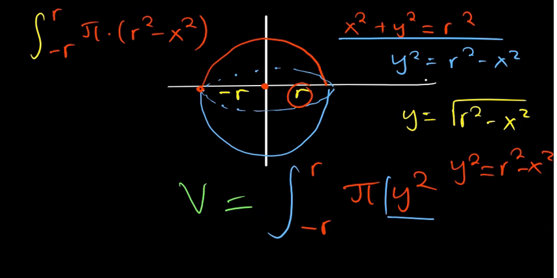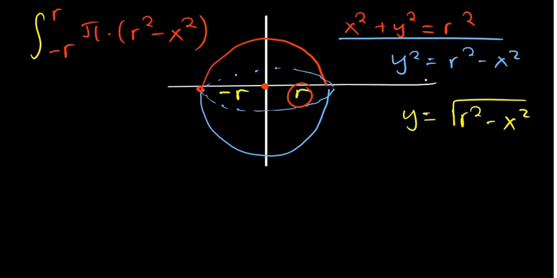So let's try to integrate that. For the x squared, increase the power by 1, it becomes 3, and divide by that. For the r squared, since we take it as a constant, it will become r squared x, because initially we have x to the power 0, so it becomes just x.